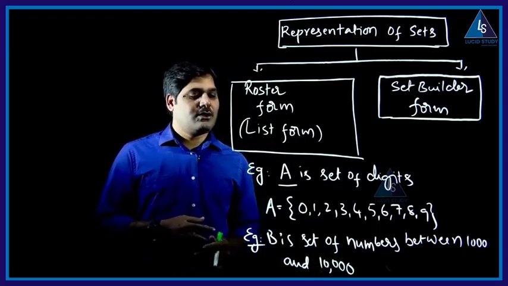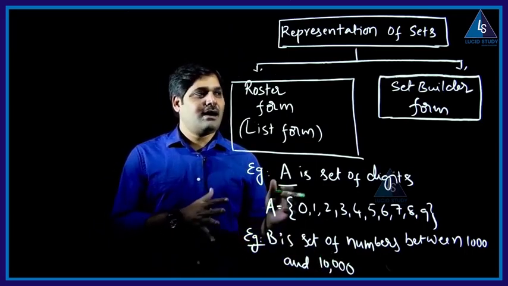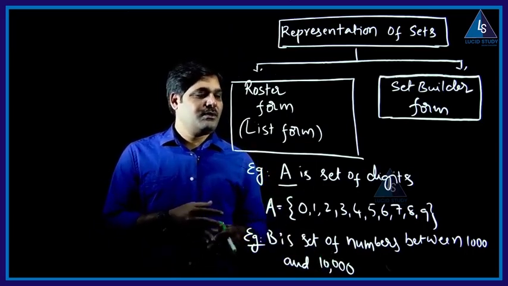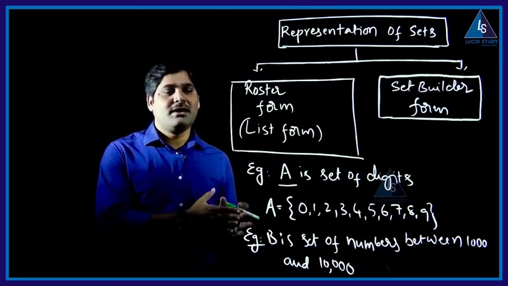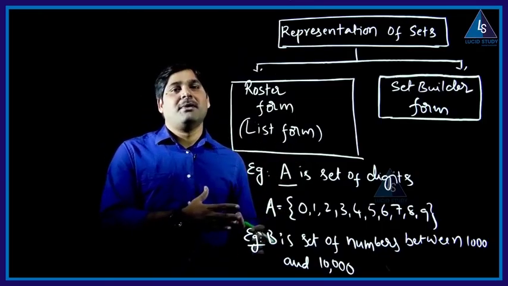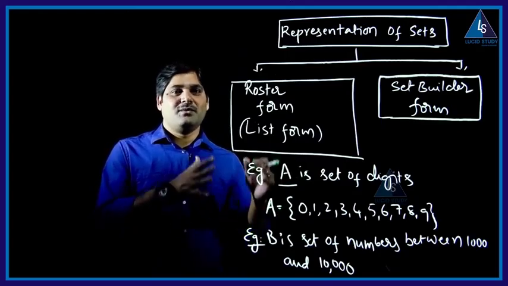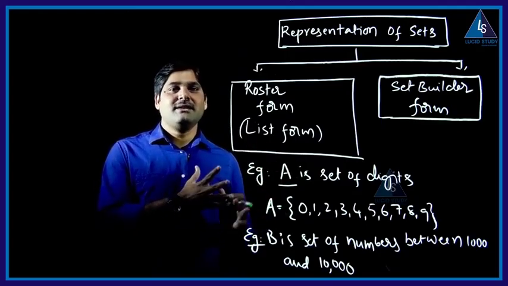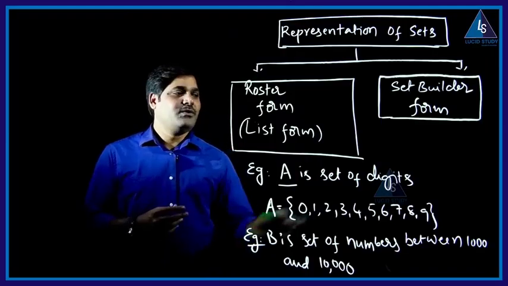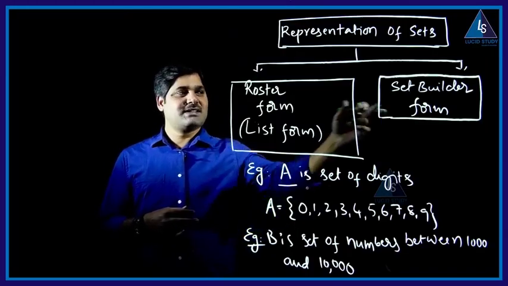Now tell me how to write this in roster form. We have to start from 1001 and we need to end at 9,999. So writing this many is a little difficult. For that purpose, we will use set builder form.